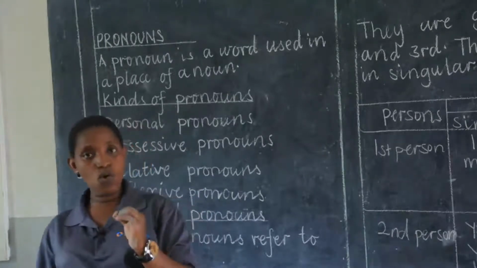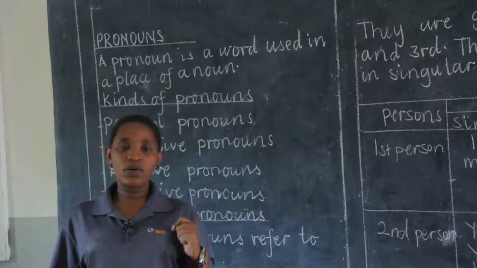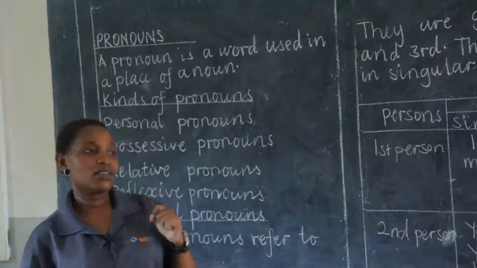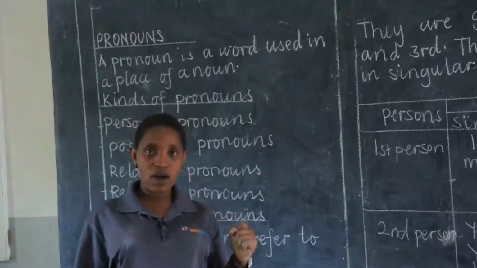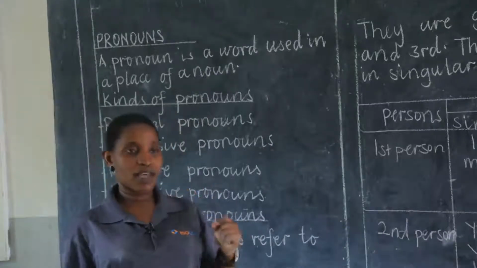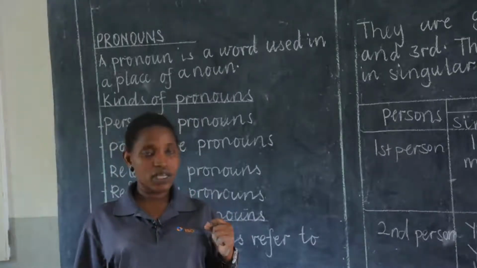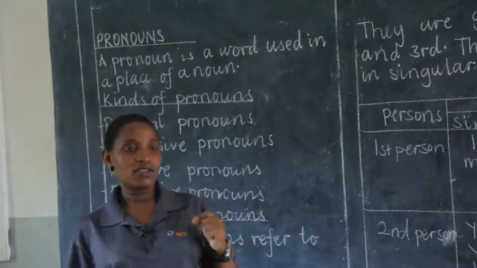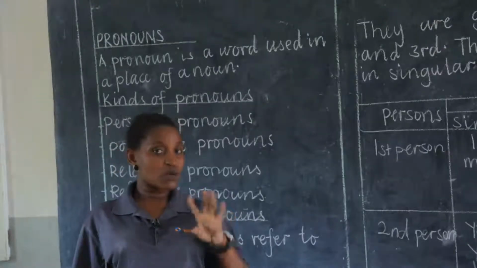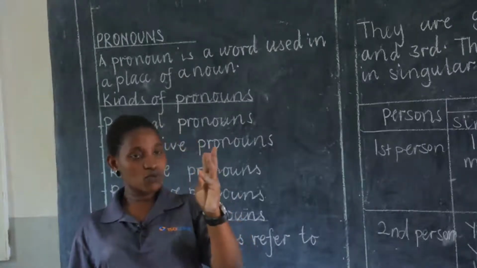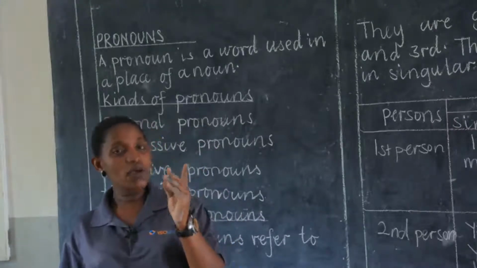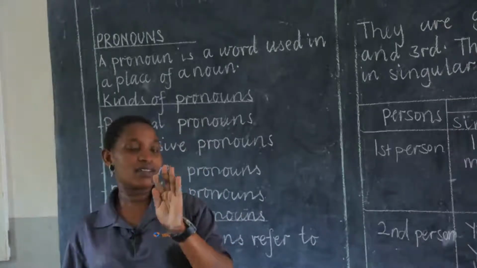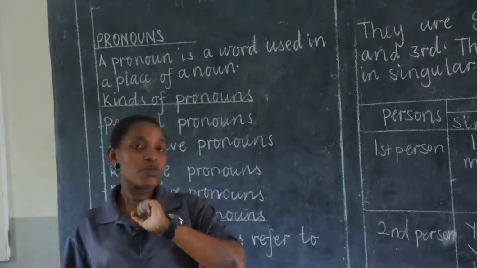That means who is a relative pronoun. Whose is a relative pronoun. Which is a relative pronoun. Then that is also a relative pronoun. Therefore, we have who, whose, which, and that. They are 4 relative pronouns.